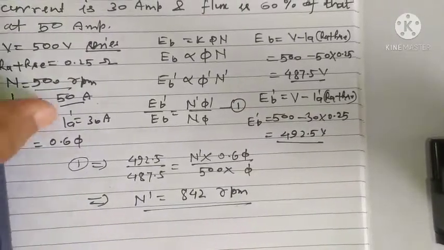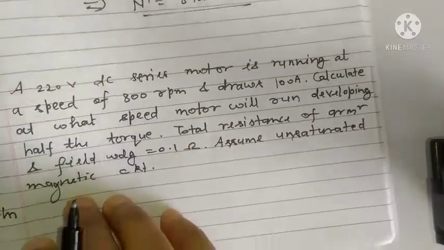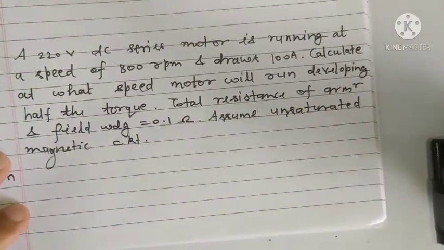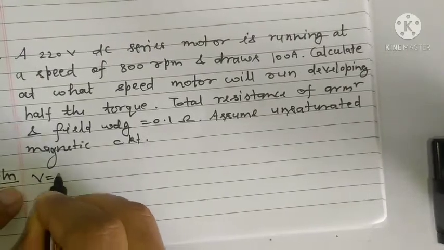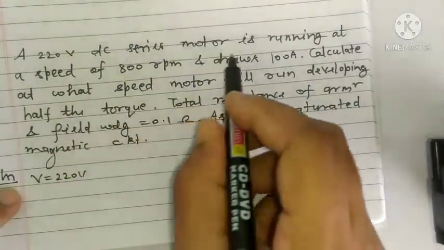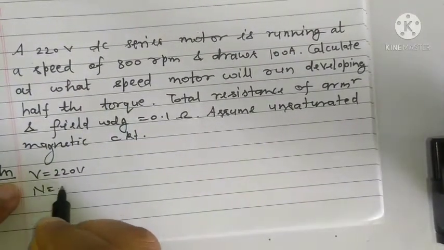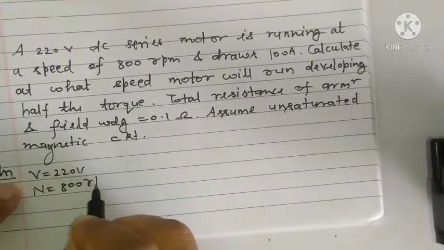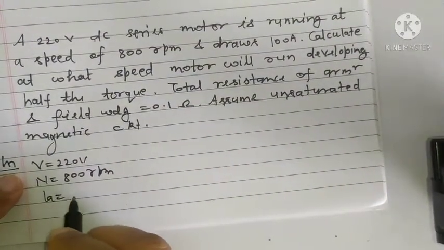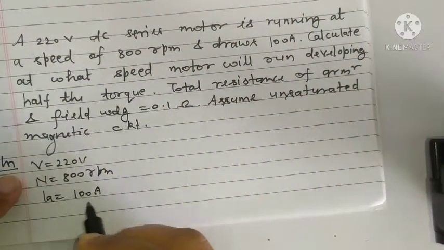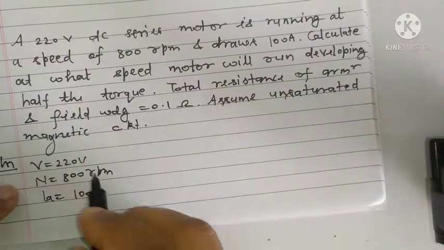Right. Let us go for the next numerical. What is given? A 220 volt DC series motor is running at a speed of 800 RPM and draws an armature current of 100 ampere.